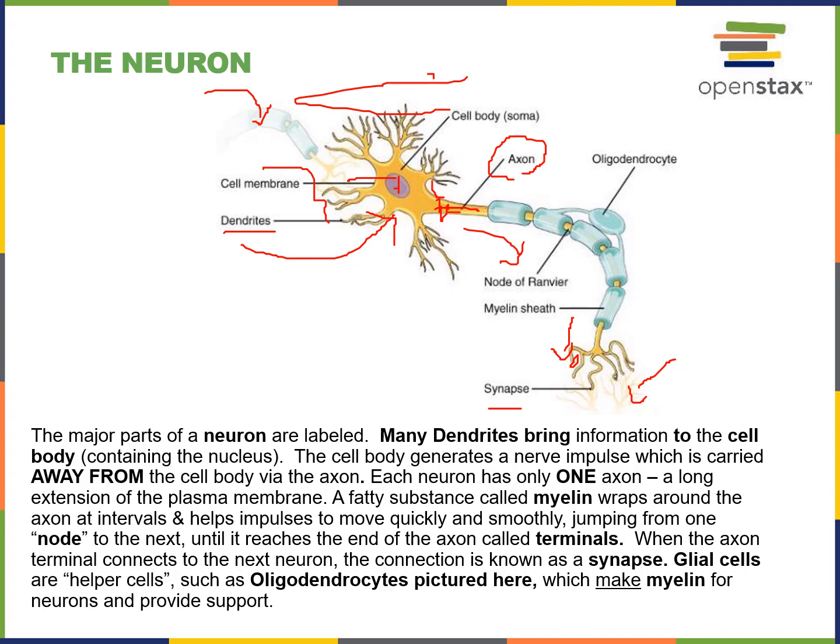This axon conducts the nerve impulse, the action potential, away from the cell body. So dendrites bring information to the cell body. Axon takes information away from the cell body.